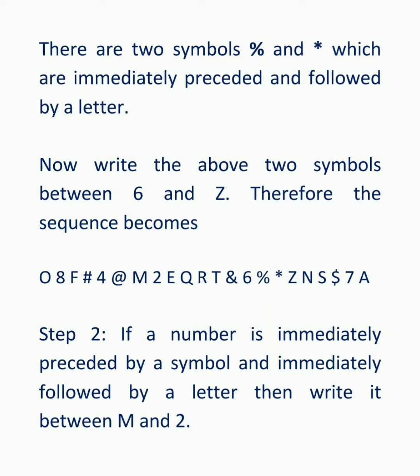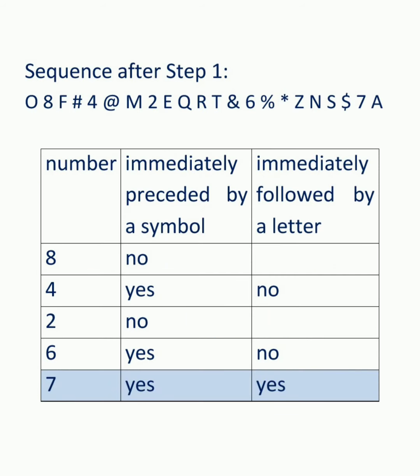Next, step 2. In step 2 we have to consider the sequence revised in step 1, not the given sequence. The sequence we got in step 1 we use here in step 2. Step 2 says a number, so I collect all the numbers in a table: 8, 4, 2, 6, 7, with the condition immediately preceded by a symbol and immediately followed by a letter. So I check one by one. 8 is no. One condition not satisfied, we just leave it.